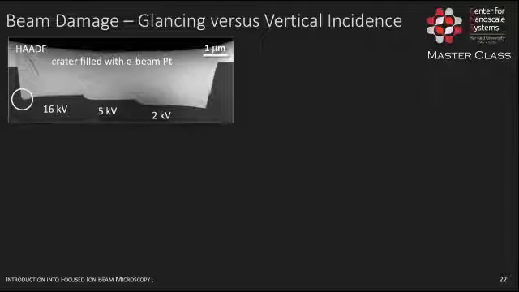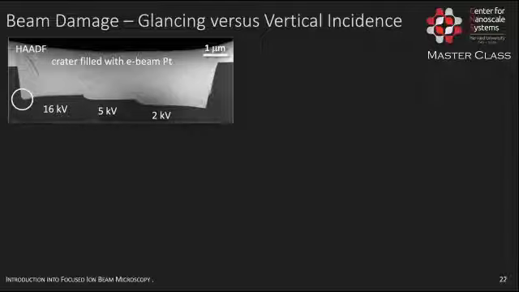Under vertical incidence, the reason is that at higher voltages there is a certain directionality in how the ion beam is implanting and moving into the sample, which ultimately causes a deeper penetration under vertical incidence, versus a less deep penetration when we have a situation like we would have when we prepare TEM samples, where the beam is barely glancing the TEM sample surface.